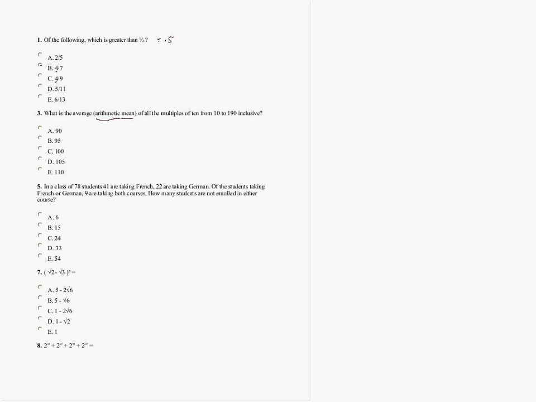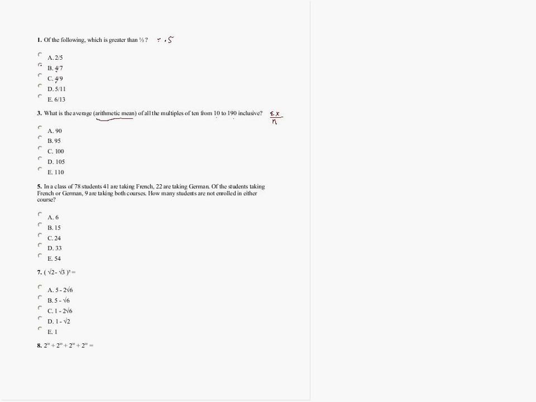Arithmetic mean is just adding all the numbers and dividing it by the number of numbers. Okay, 10 to 190, you have to add up all the numbers. And how many numbers are there? 19. So just add all the numbers and divide by 19. That is meant by arithmetic mean.